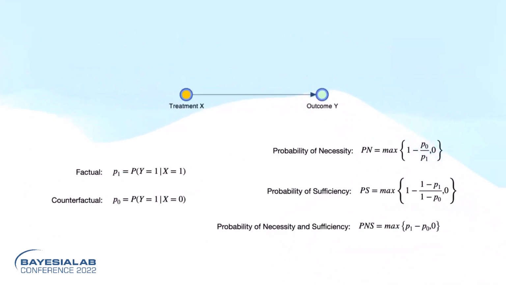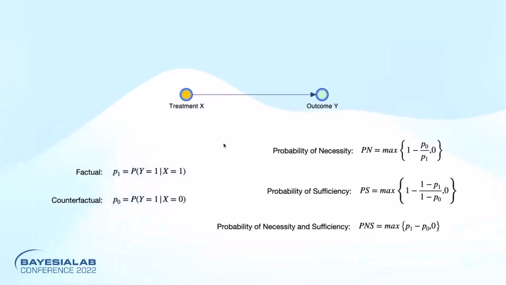Now, the good thing is, let's keep our examples really simple. This is some initial thinking. I'm still trying to work through this using the simplest examples that I can come up with. And so if we start with the position that our treatment is exogenous, we have this very simple treatment-causes-outcome causal model, then the math to estimate these different types of causation is really trivial.